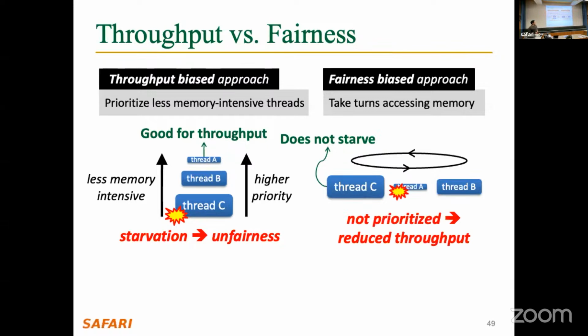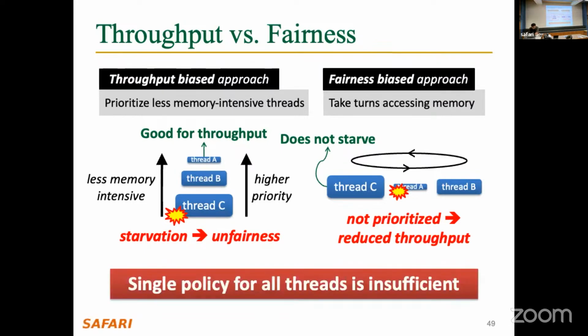But because you're not prioritizing this thread A that's almost not memory intensive at all, it's not assigned time to schedule its requests in a timely fashion. So I'll try to explain that in more detail.